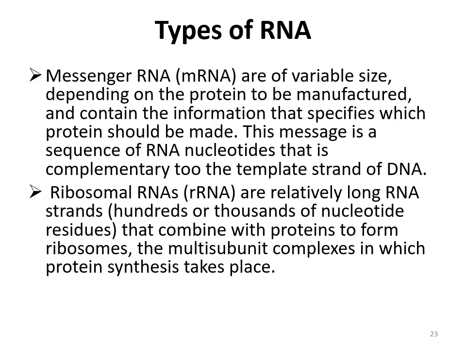Next is ribosomal RNA, a relatively long RNA strand, hundreds or thousands of nucleotide residues, that combines with protein to form ribosomes, the multi-subunit complexes in which protein synthesis takes place. So it is variable.